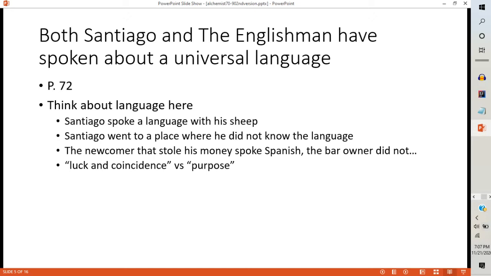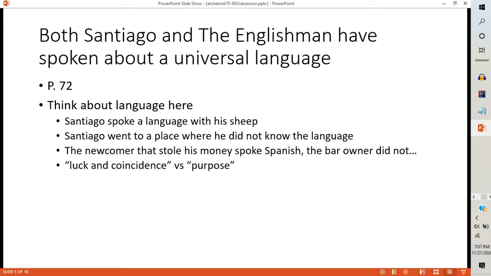Think about when Santiago travels first to Africa. He's in a foreign land. He doesn't know how to speak the language there. The bar owner is seemingly trying to warn him of the newcomer. But he doesn't speak the bar owner's language.